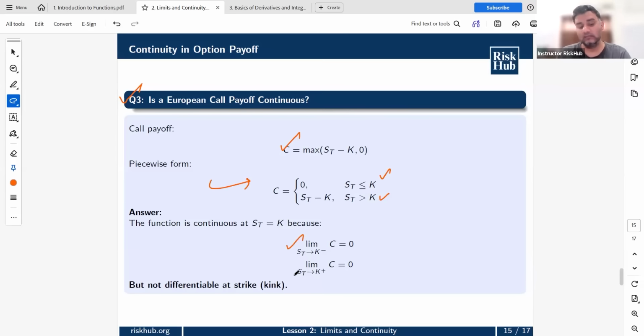We take the right hand limit, where C is equal to S_T minus K. At S_T equal to K, K minus K becomes 0.